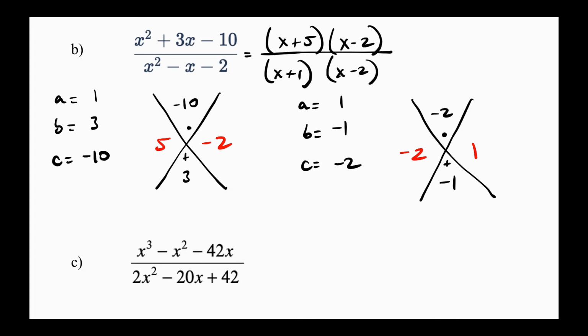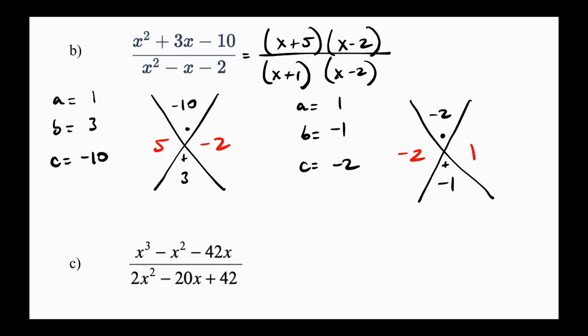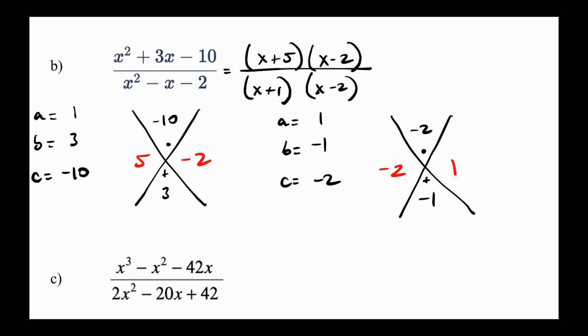Okay, so I did ABC for the top and ABC for the bottom, and that's what I got. I see that they both have a minus 2. So I try to line them up, but let's say I didn't do that. Let's say I did it like this, because some of you might have done it like this. Can I still cancel out the x minus 2's, even though they're not directly on top of each other?